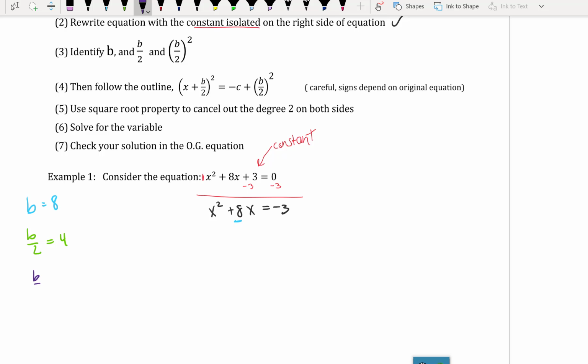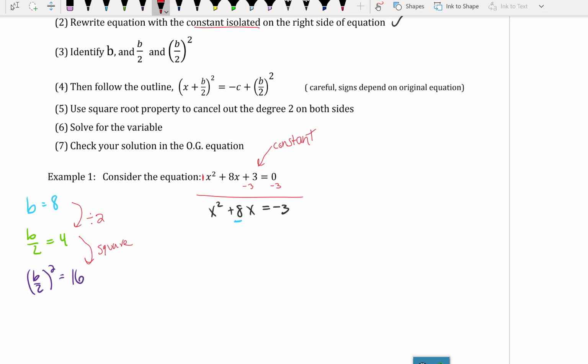And if I were to square that, well, 4 squared is 16. So to get from here to here, I divide by 2. And to get from here to here, I square it. Okay? So that's how I get from b to b divided by 2, and b divided by 2 squared.